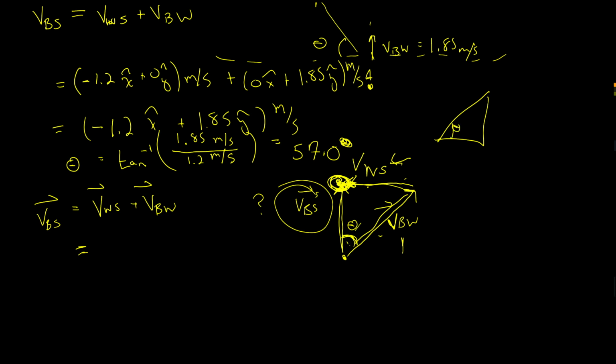I have my angle, I have my opposite, and then I have my hypotenuse. And so in that case, sine of theta is going to equal my opposite, which is the velocity of the water to the shore, over the velocity of the boat to the water.